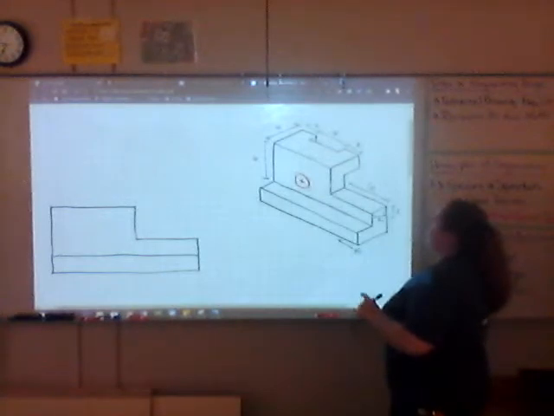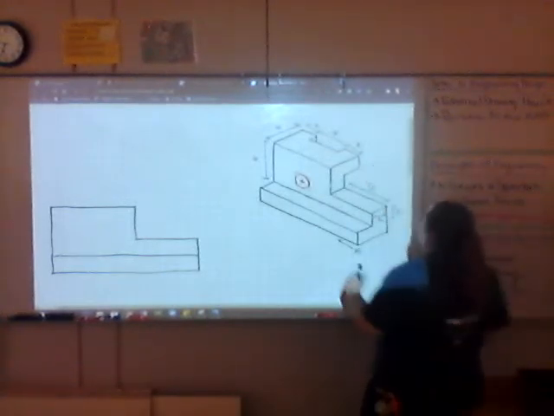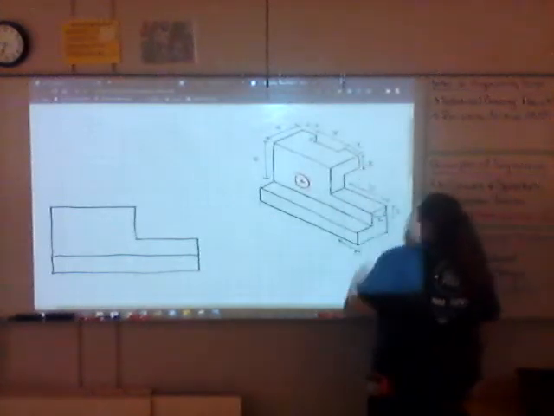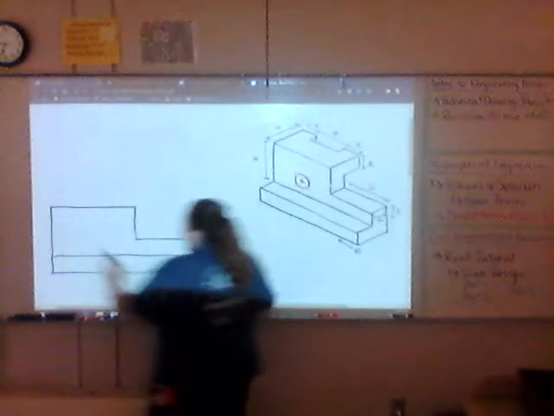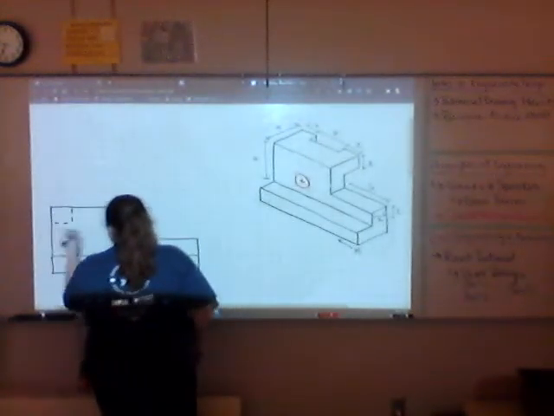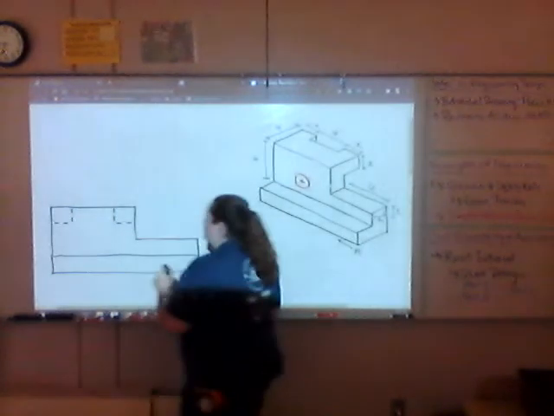So now we just have to define all of our hidden lines off the back side. Each of these squares on the back are 2 by 2. So we're going to have a hidden line come down 2 by 2 right here and 2 by 2 right here. Okay.